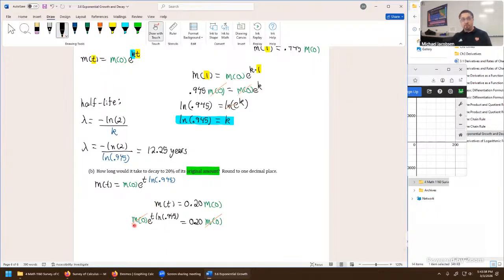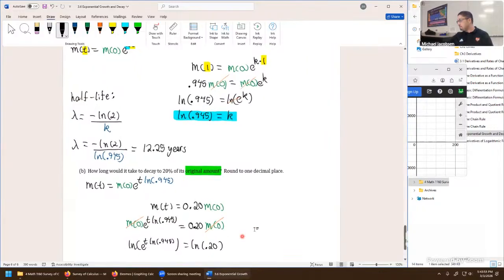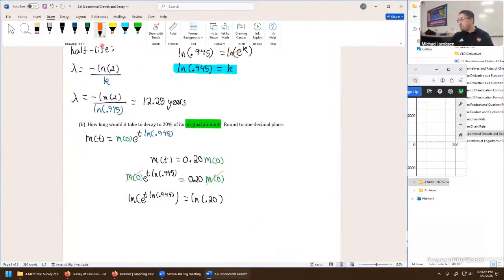So let's write that in as a whole new step. Take the natural log of e to the power t times the natural log of 0.945. It's a lot of natural logarithms all of a sudden, is equal to the natural log of 0.20. Next cancellation, same one we saw in example 2.